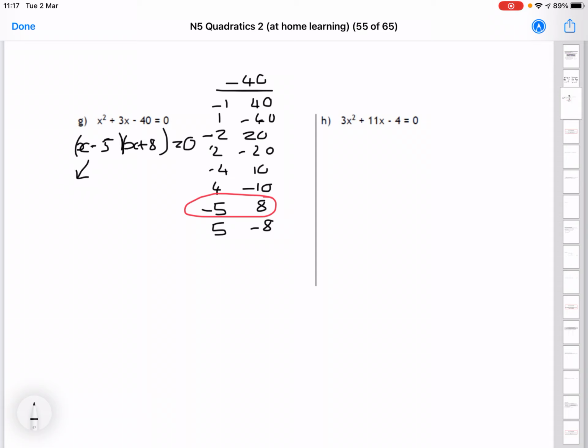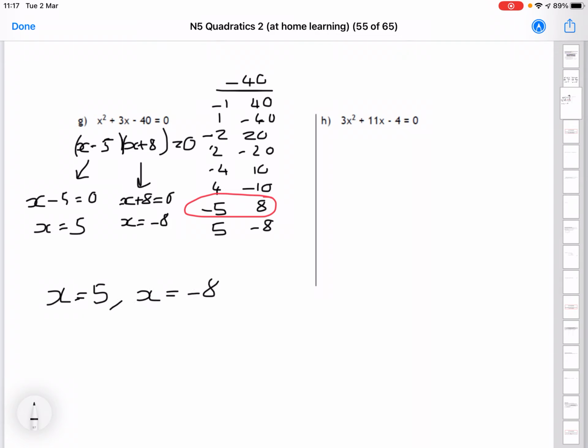So when we do our two solutions, we've got x minus 5 equals 0, so x would be equal to 5. And we've got x plus 8 equals 0, so x would be equal to minus 8. So your two solutions here are 5 and minus 8.